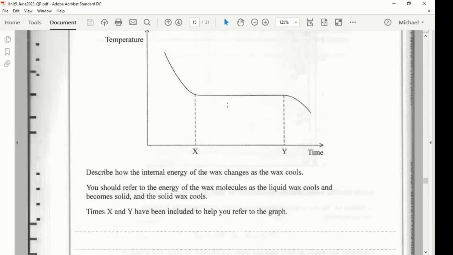And this is where it gets a little bit difficult, because what's happening is that the potential energy is becoming more negative. So because internal energy is the sum of kinetic energy and potential energy, the potential energy is becoming more negative, and so therefore the total internal energy is reducing.